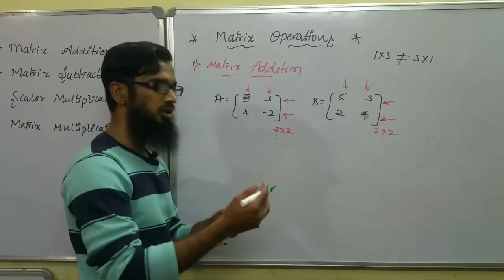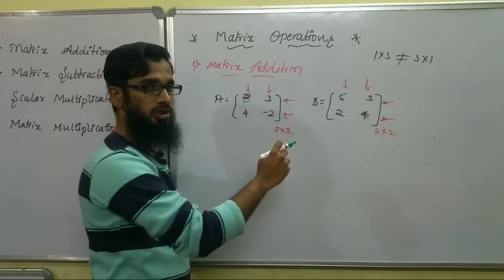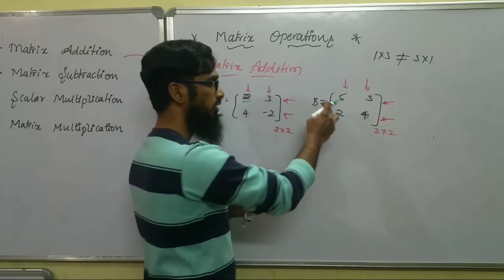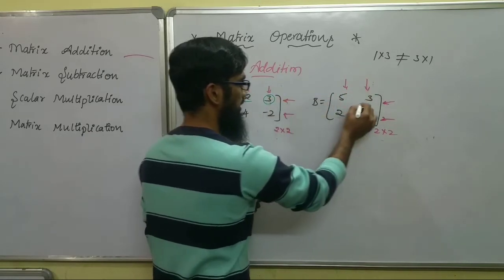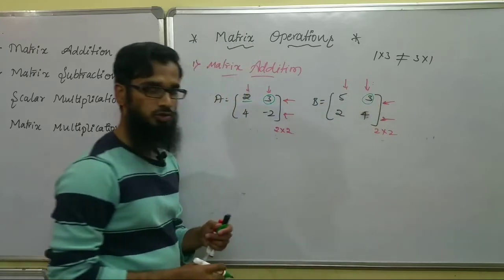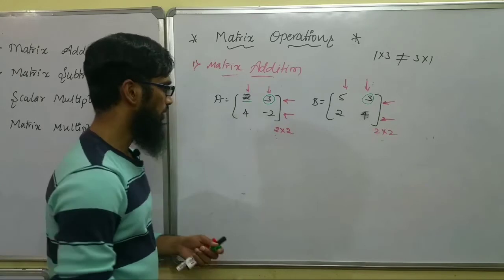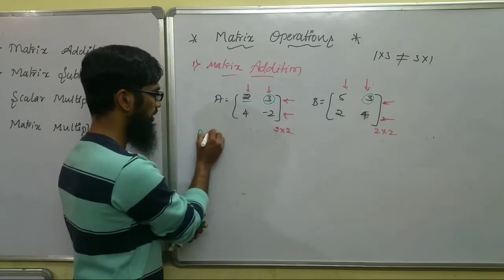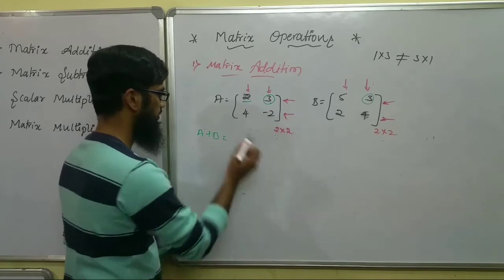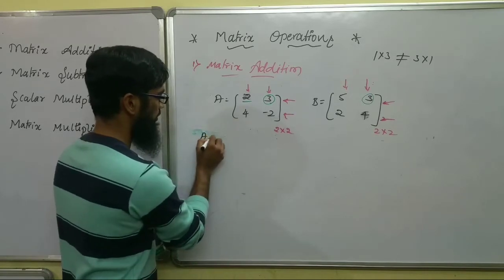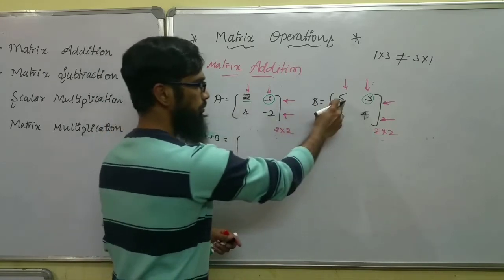The same way, if I take this 3, it is a first row, second column element. So here also we should take the first row, second column element, meaning this 3 and this 3 we have to add. So these are the corresponding elements. Similarly we'll go for the others also. So A plus B is equal to, here, 2 plus 5.